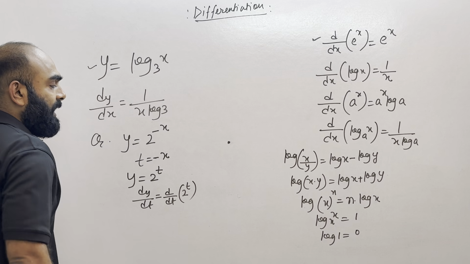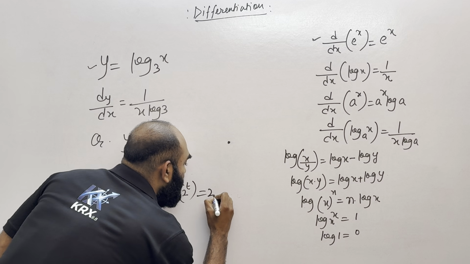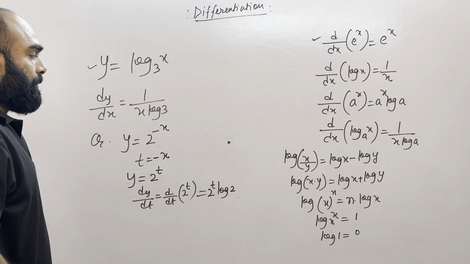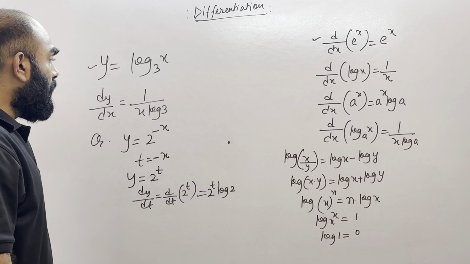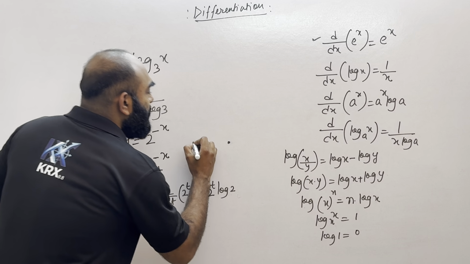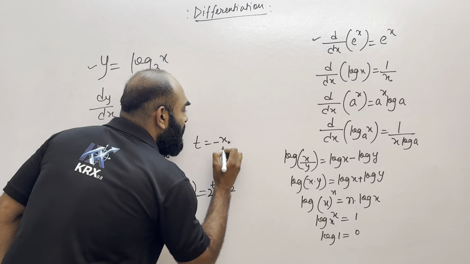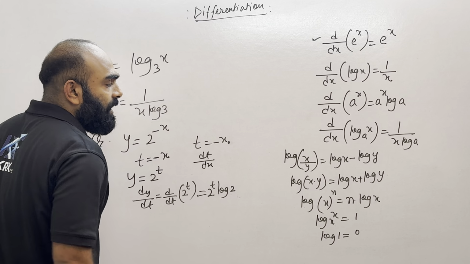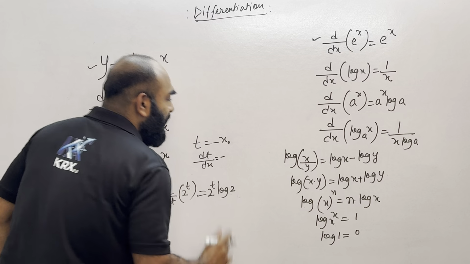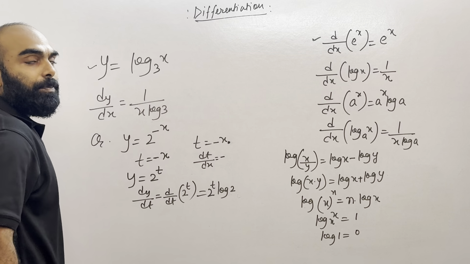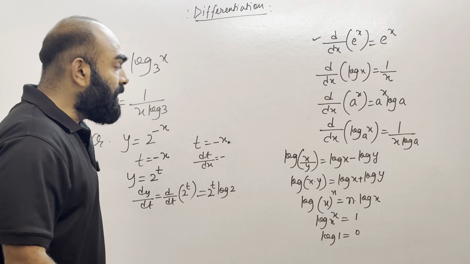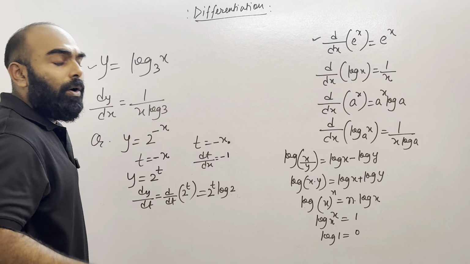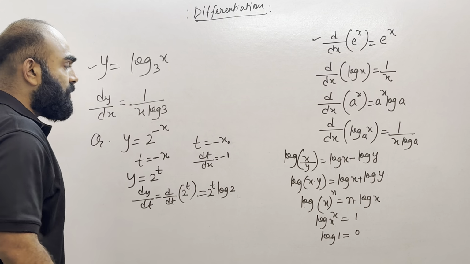So 2 to the power t differentiation is 2 to the power t log 2. What is your t? t is equal to minus x. So this one is very simple. dt by dx: you will take the minus outside, and x differentiation with respect to dx is 1. So finally we have minus 1.